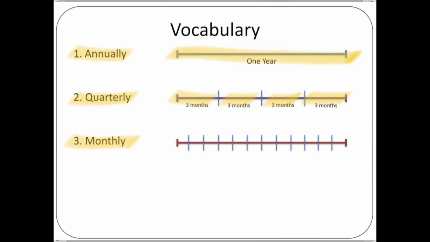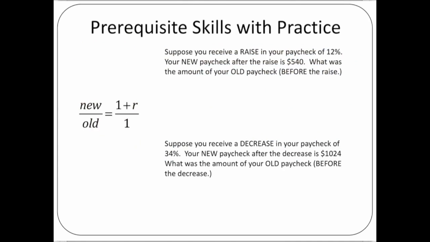And then a monthly thing, maybe your favorite magazine, or free video games that come out with your monthly subscription, is going to happen 12 times a year, right? Being able to chunk those up and apply them to the correct scenario is going to be super important. Okay, so let's take a look at finding some percentages real quick.